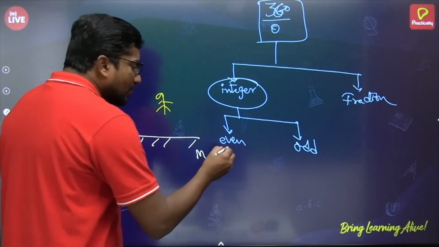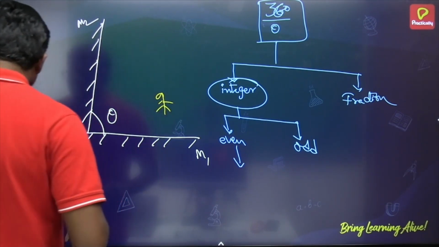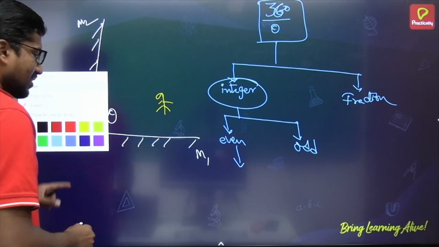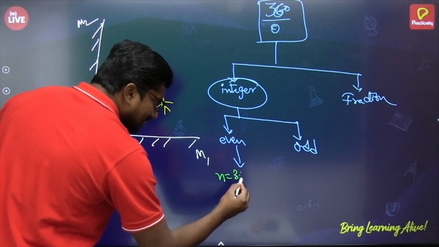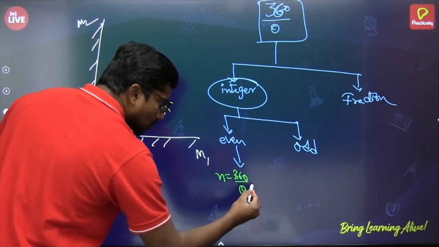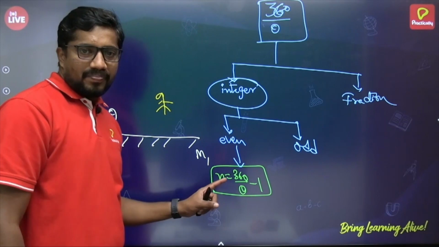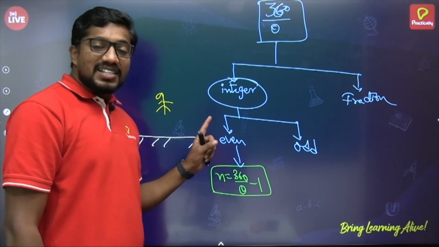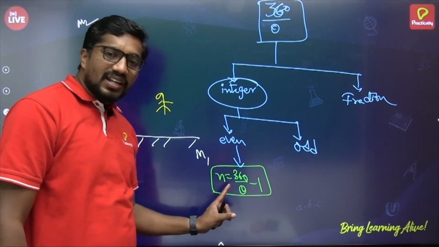If the integer is even, and the number of images formed is n, then n is equal to 360 by theta minus 1. So these many images are going to be formed if 360 by theta is an even integer.